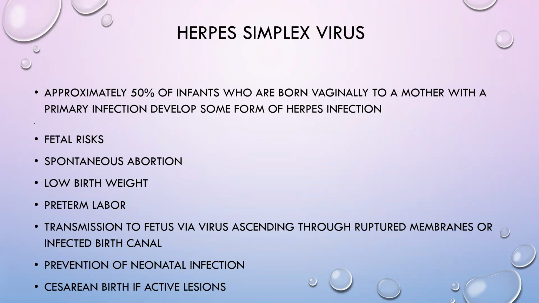Risk associated with hepatitis B with the infant includes spontaneous abortion, low birth weight, preterm labor. Transmission to the fetus occurs with the virus going through ruptured membranes or infected birth canals. If they have an active herpes outbreak, cesarean birth is usually recommended.